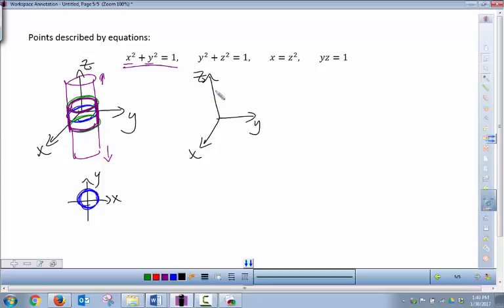So on the YZ, I would draw a circle. And then the missing variable is x. I would sweep it along the x. Oops, no. I want it parallel to the x-axis to make it look like I'm sweeping along the x-axis. And again, it goes on forever on both sides. So this would be a cylinder going along the x-axis.